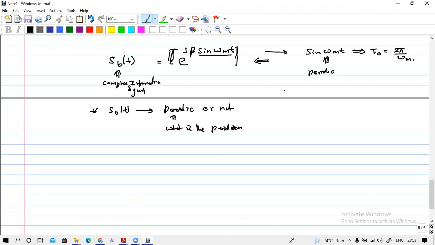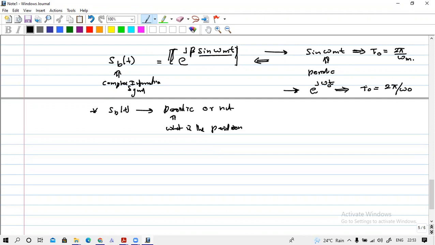And another point, I think you already remember these things from your signals and systems subject. Any exponential signal like e to the j omega naught t is also a periodic signal, and the period is also 2π by omega naught.